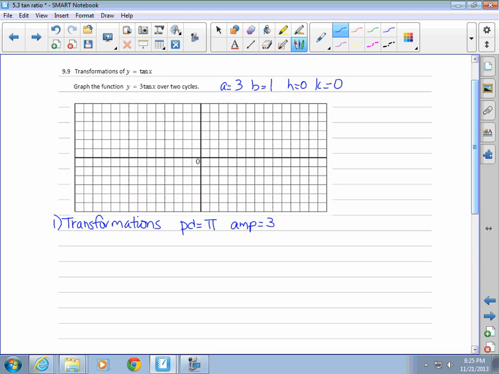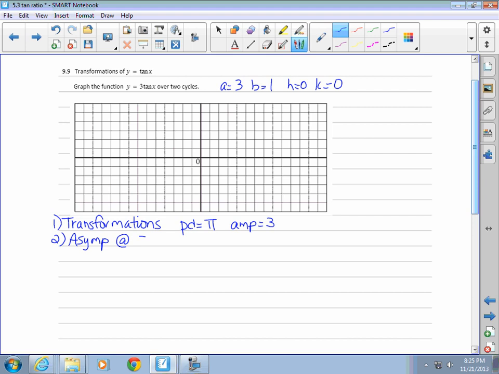So that means that my points are going to change from being at wherever they were equal to 1, they're now going to be equal at 3. So my asymptotes, if I put those in, because the period didn't change, it hasn't shifted, then my asymptotes are still going to be the same thing.